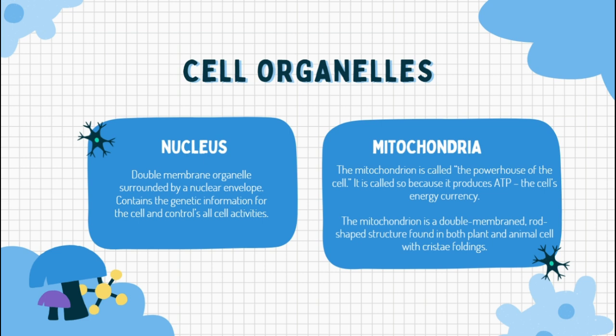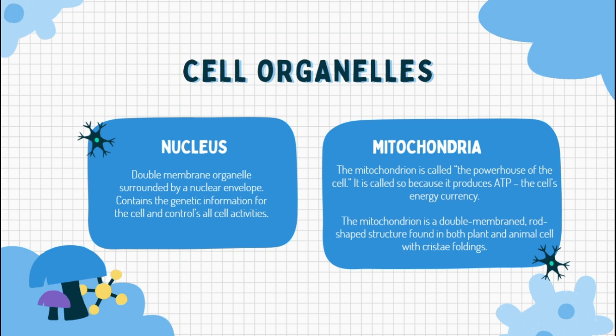So our nucleus, which is a double membrane organelle, right? Our nucleus is actually surrounded by a nuclear envelope, right? And the function of our nucleus is to basically control the cell activities, right? So if they ask for the structure, you would tell them that it's a double membrane organelle surrounded by a nuclear envelope.